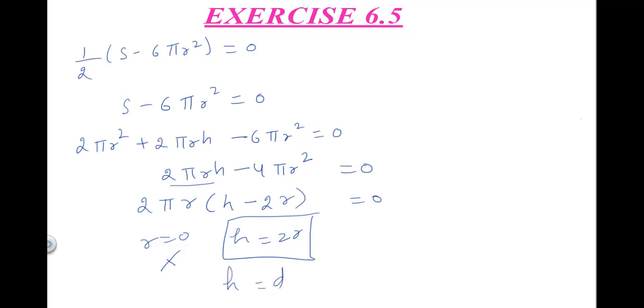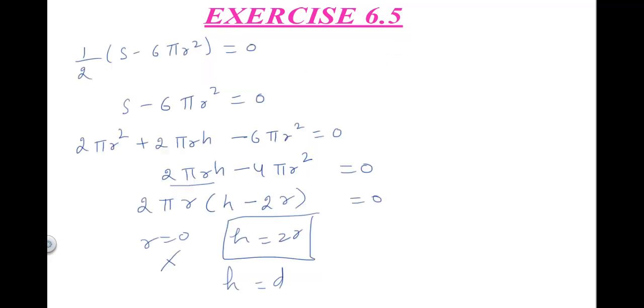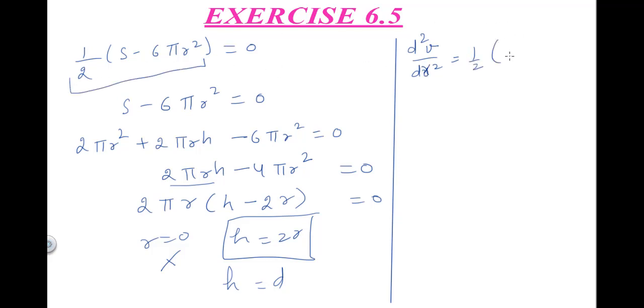Now at this we have to prove the second order derivative. If we find out the second order derivative, I will get d square V by dr square. So this is only the first order derivative. So half as it is, differentiation of s will be 0 because it has no effect on volume, minus 6 pi r square will give 2r.